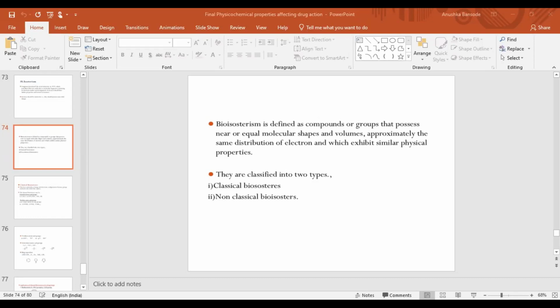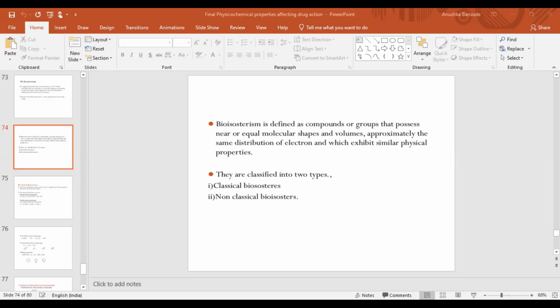Hence, they are classified in medicinal chemistry as classical and non-classical. This classification was given by Burgess, wherein he explained bioisosterism with a few examples. Bioisosterism was further extended to study substitution patterns which change physical and chemical properties, with broad examples for biological action.